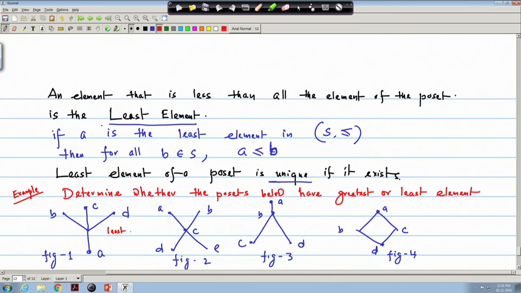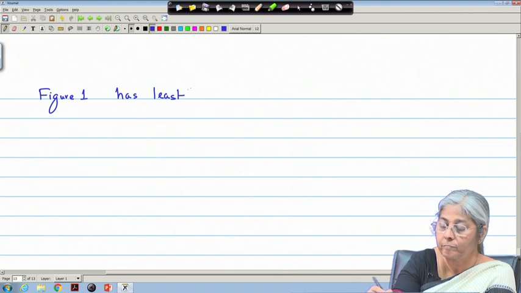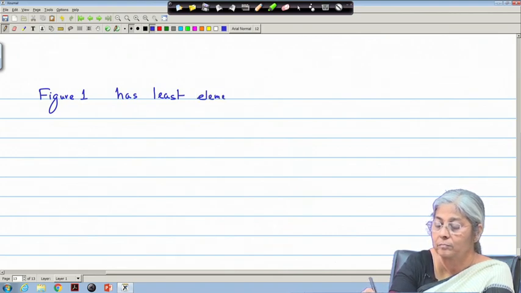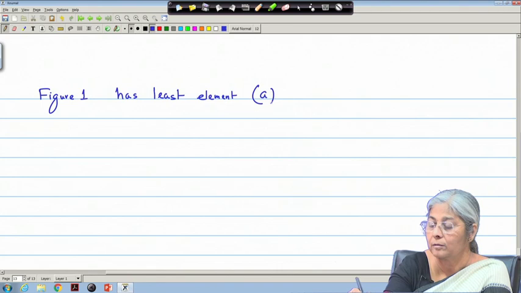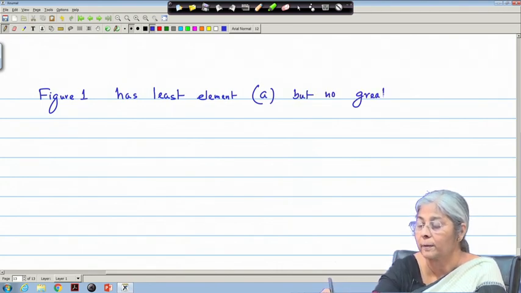I write: figure 1 has least element A, but no greatest element.